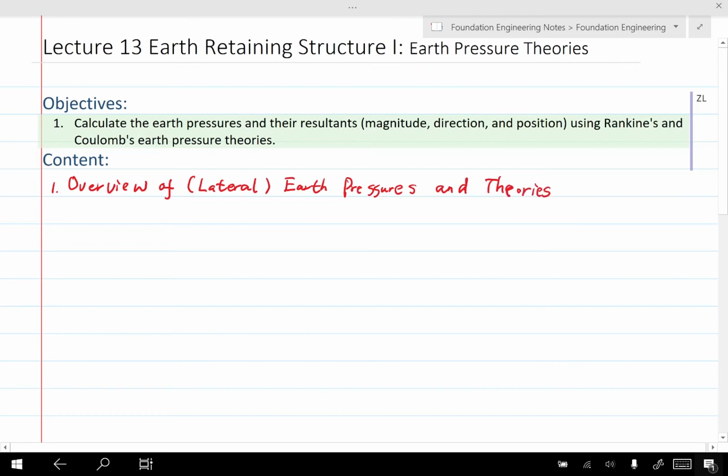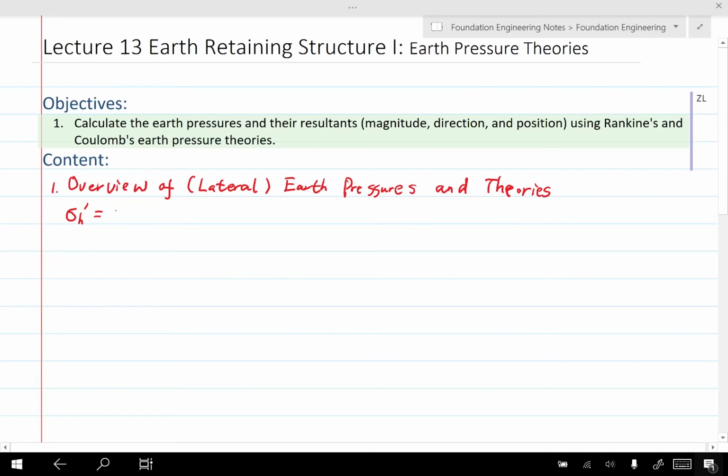We calculate the lateral earth pressures based on the vertical stress. So that is the widely accepted procedure for doing this. Sigma H prime, where H here means horizontal.